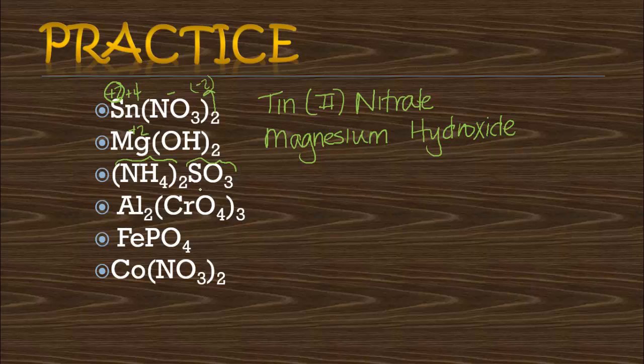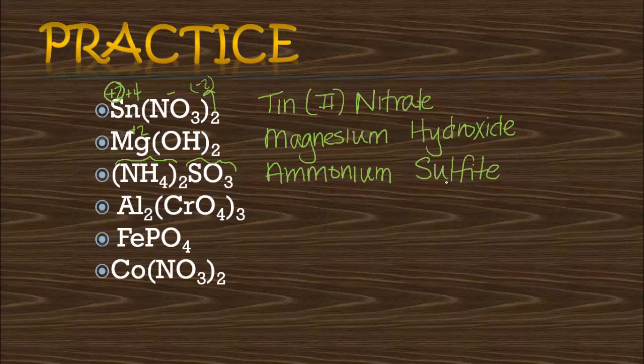So if we look at the top, we have NH4, and that is ammonium. So it's still a cation, so we don't do anything. And then we look up SO3, and SO3 is sulfite. So this would be ammonium sulfite.